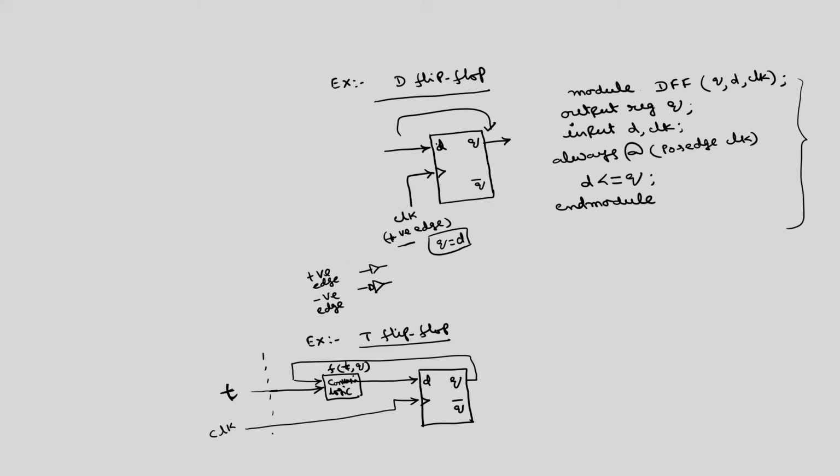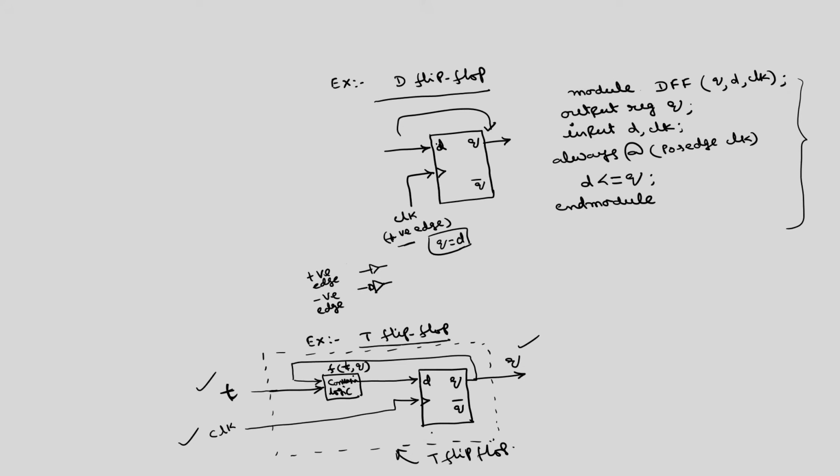Overall now this will be your T flip flop. Inside this block we have the D flip flop and a conversion logic. Okay. So, finally, this is the output of the T flip flop also. So, for the overall T flip flop, we have one input T, another input clock, output is Q.